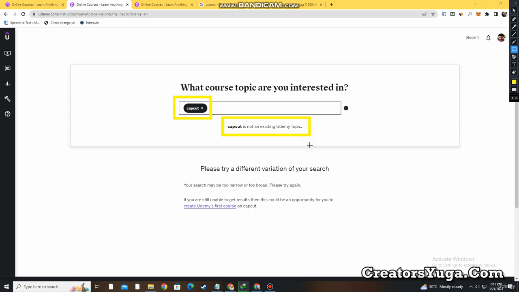So this could be a positive sign for us and a negative sign for us too. This situation means either there is no demand in the market or there is no competition in the market. Both are different things. Here you can see that for this particular topic no course exists.